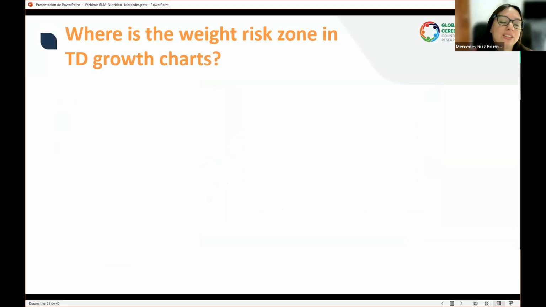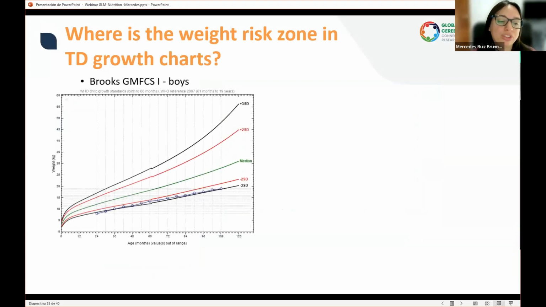Where is the weight risk zone in the typical development growth chart? This was one of my questions, and I was thinking, where are the risk zones? We put it all together in the typical development growth chart. So I entered them into the Anthro from WHO's growth chart. And we can see that in children with GMFCS level 1, this risk zone is very close to -3 z-scores.